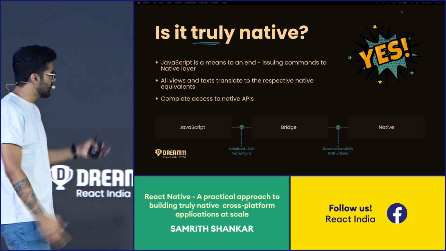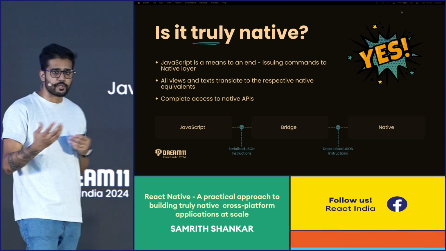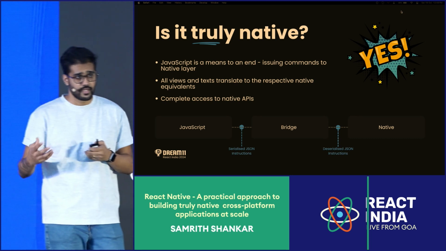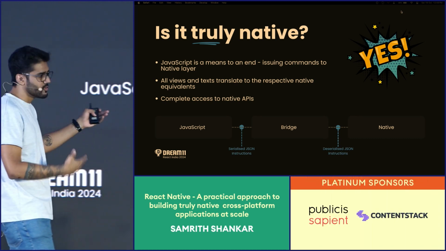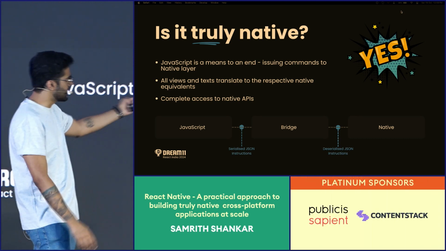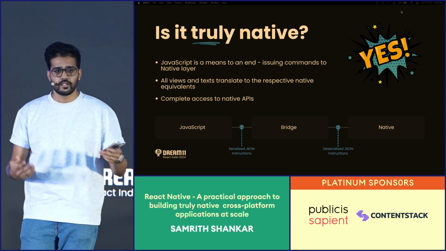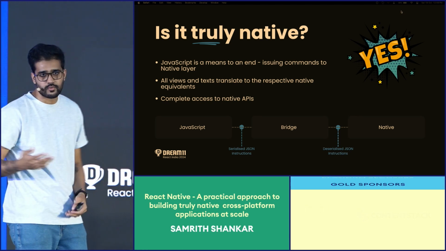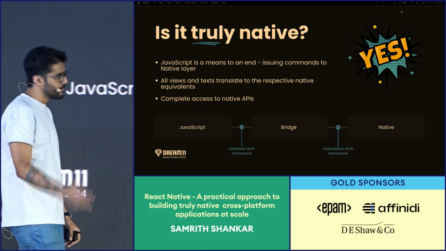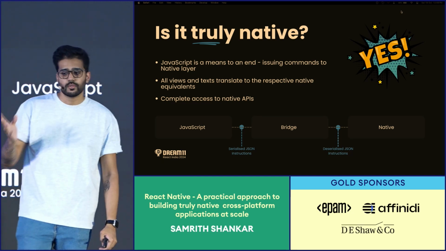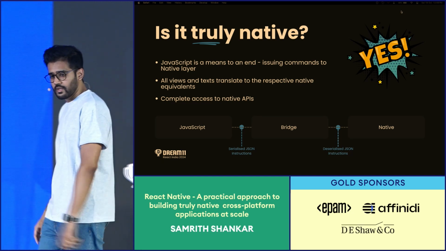So the bridge is the interoperability layer between JavaScript and native. All of your instructions are serialized JSON, which are sent over the bridge to native. Native receives this message, deserializes it, and executes those commands, which might be showing some animation, or rendering some text or some view on the screen.